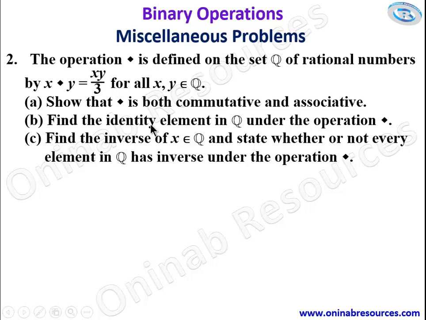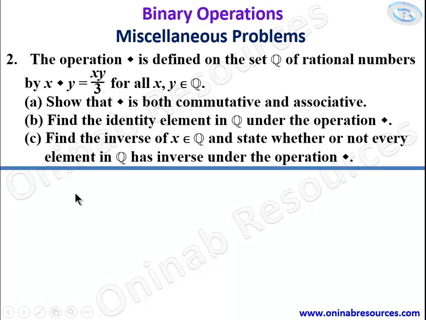B. Find the identity element in Q under the operation diamond. And C. Find the inverse of x in Q and state whether or not every element in Q has an inverse under the operation diamond. So we start with the A part of the problem.